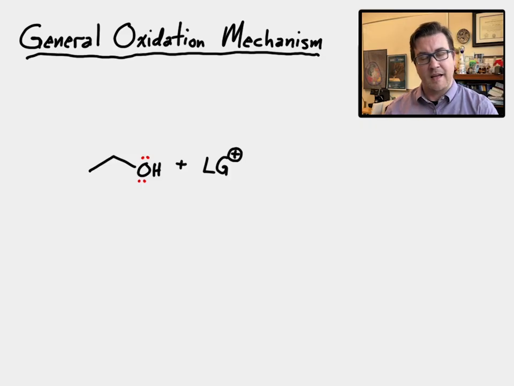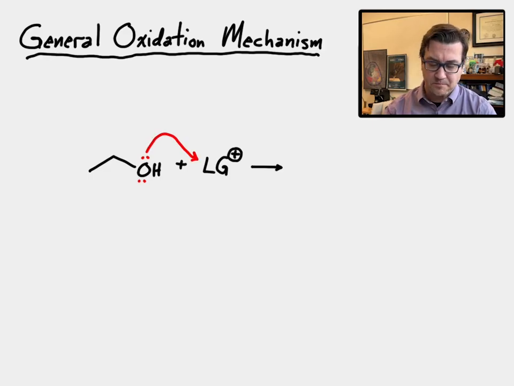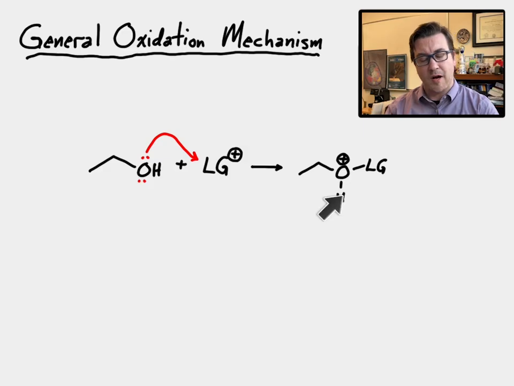First, let's look at a very general mechanism that occurs for most oxidants for alcohols. You have the alcohol oxygen as a nucleophile, and a molecule that will eventually become a leaving group, which has some form of positive charge, or could have a leaving group built onto it. You form a bond between this oxygen and this leaving group, and at this stage, a base will come along.